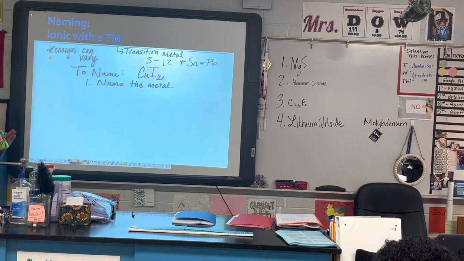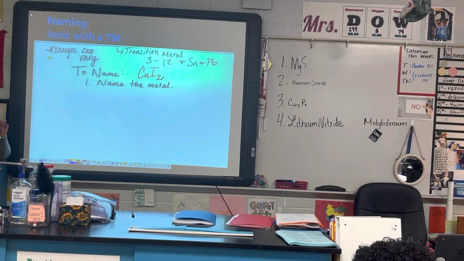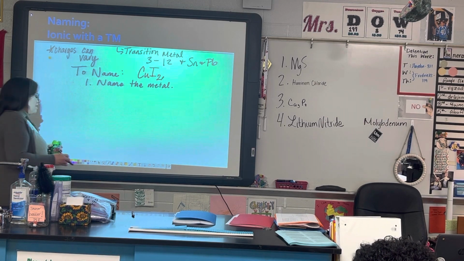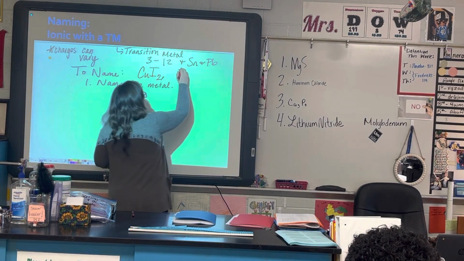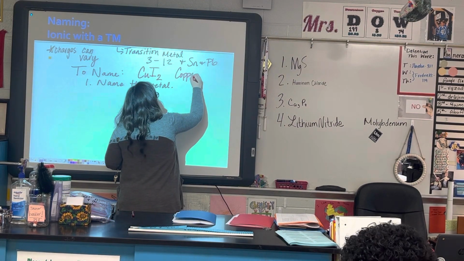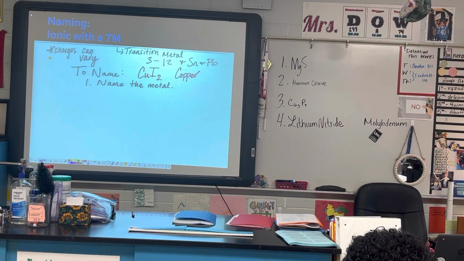Alright, so you might already know, but just find it. What group is Cu in on the periodic table? What number? 11, right? So it's in that 3 through 12 range. What element is Cu? Copper. So we're going to name it copper. Alright, and we know it's a transition metal.